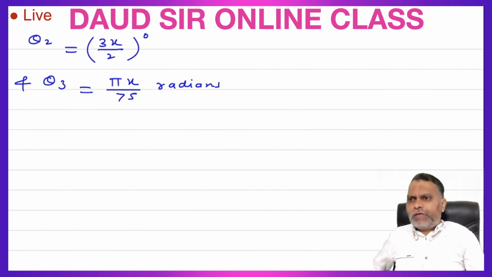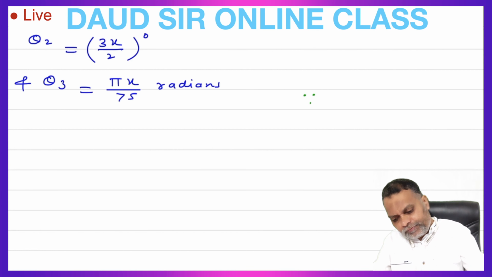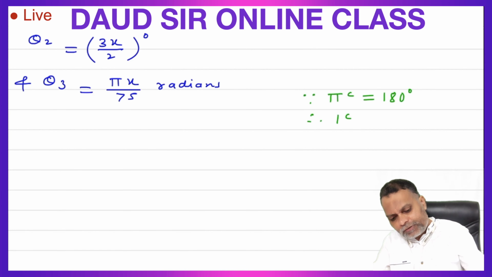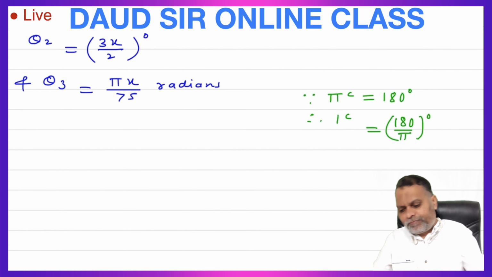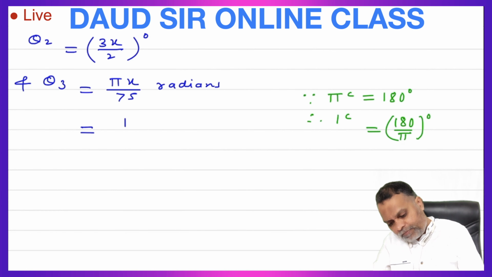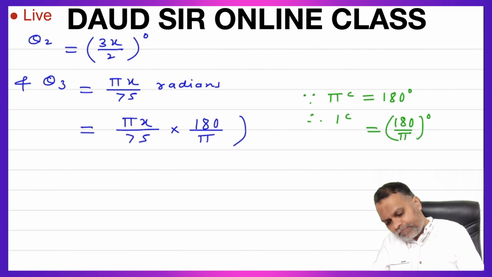So convert this radian into degrees. Since pi radian is equal to 180 degrees, therefore 1 radian is equal to 180 by pi degrees. So multiply by 180 by pi here. Pi x upon 75 into 180 by pi, this much degrees.